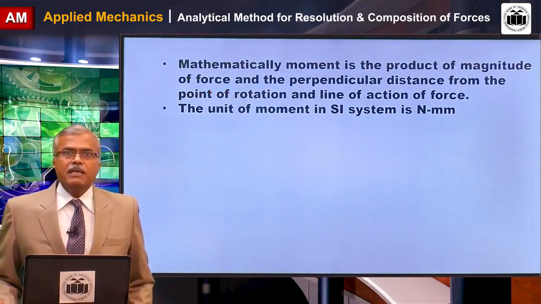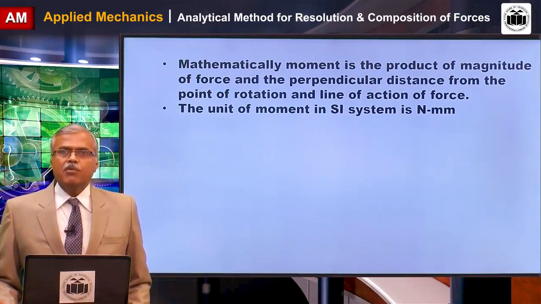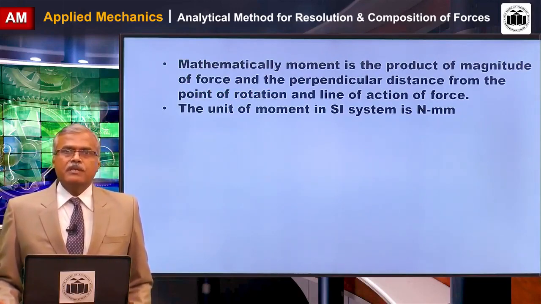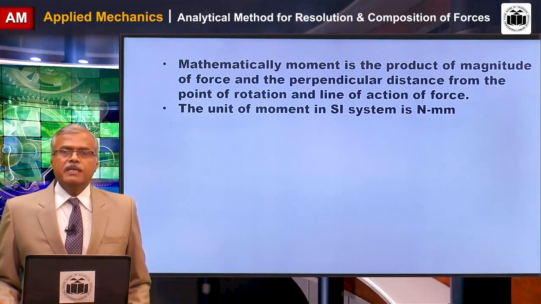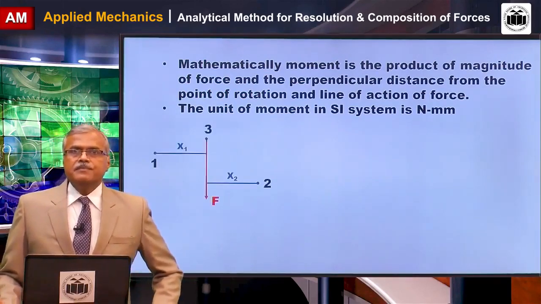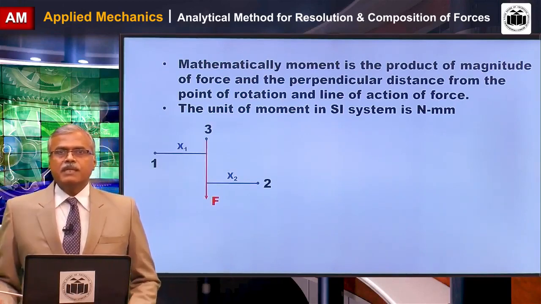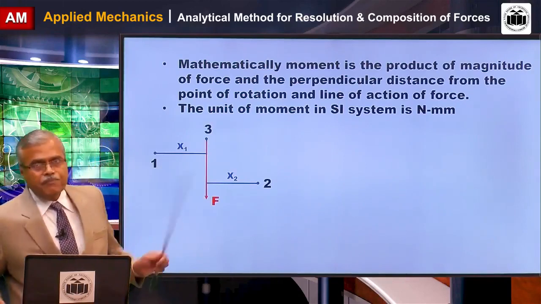Moment can be mathematically expressed as the product of the magnitude of force and the perpendicular distance between the line of action of the force and the point of rotation. Being a product, the SI unit of moment is Newton mm. This product can be explained with the help of this diagram.